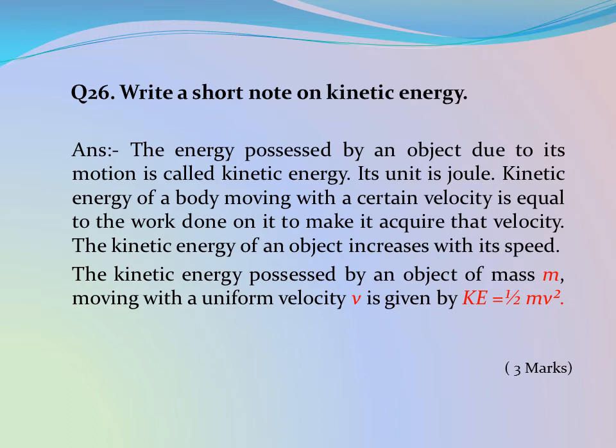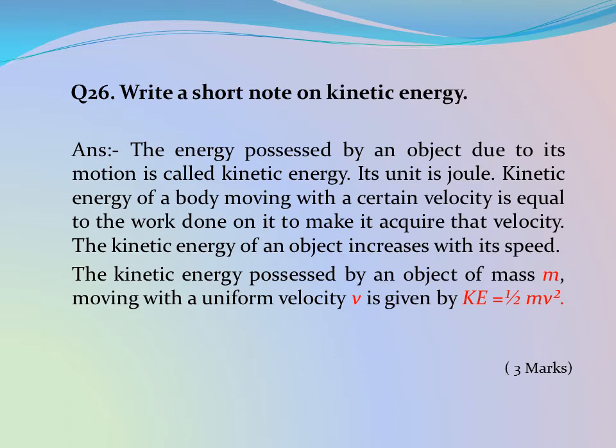Question number 26. Write a short note on kinetic energy. Answer. The energy possessed by an object due to its motion is called kinetic energy. Its unit is joule. Kinetic energy of a body moving with a certain velocity is equal to the work done on it to make it acquire that velocity.